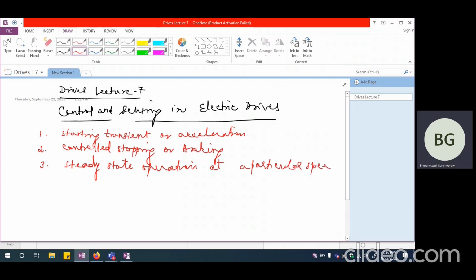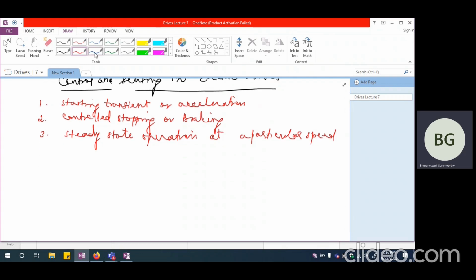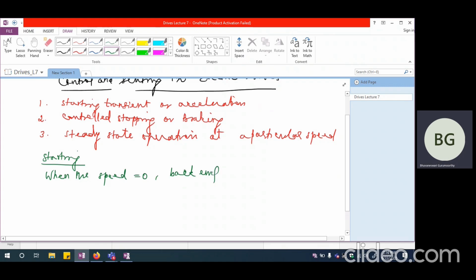So when we talked about these three operating conditions, particularly if we are talking about starting, for example, in any motor drive, when the speed is 0, we are going to have the back EMF or induced EMF that is going to be 0.